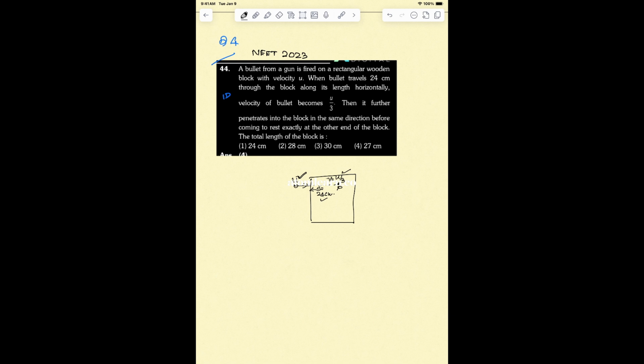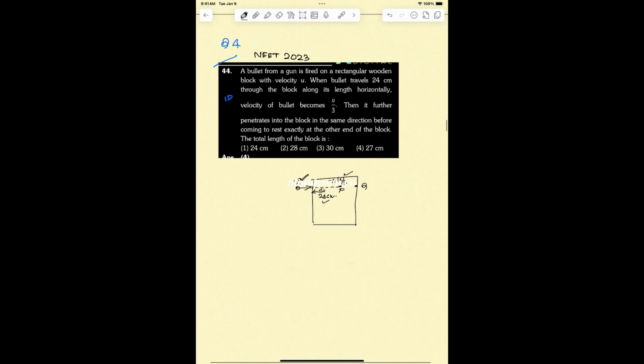Then it further penetrates into the block in the same direction before coming to rest exactly at the other end of the block. Therefore, from this particular P, it reaches the end of the block, let us call it Q, and then comes to rest. This travel P to Q is a separate second data, and the distance is unknown.